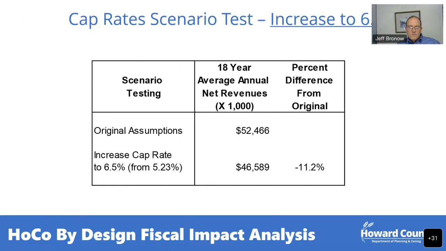Given the location and land use and the activity center concept, we're going to be building most of the future units in higher density mixed use activity centers, downtown Columbia and the other activity centers that were discussed earlier. That's a fair amount of units, so it has a relatively big impact if you increase the capitalization rate. So it drops by 11.2%.